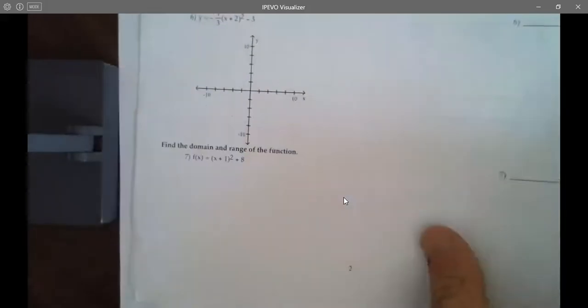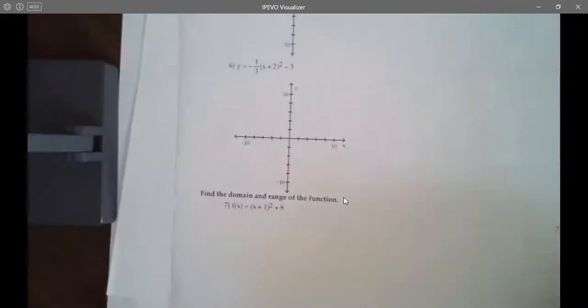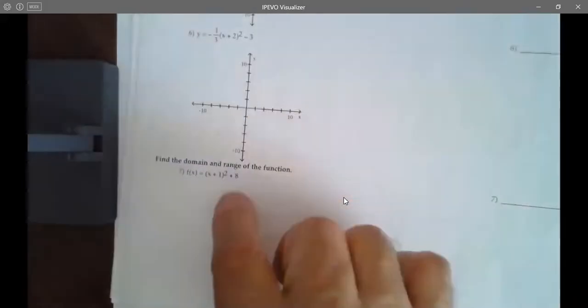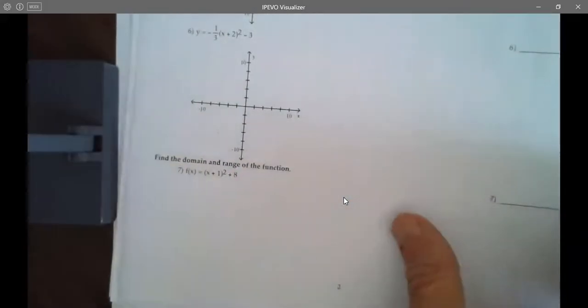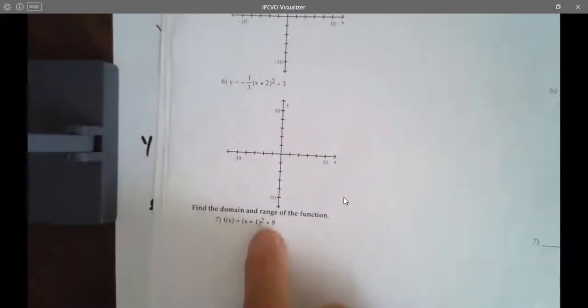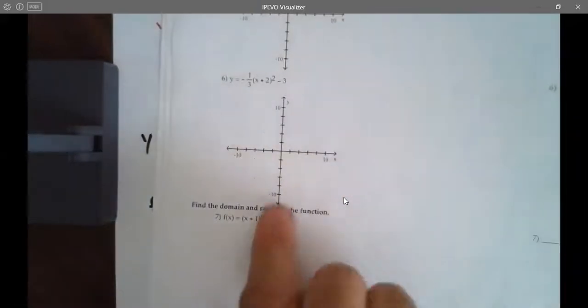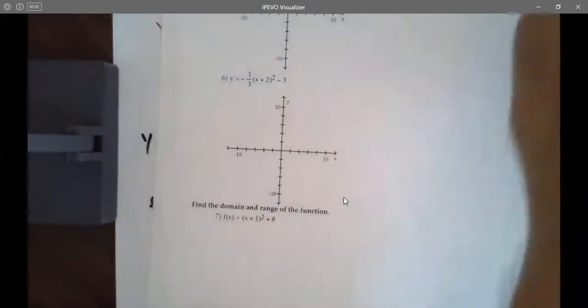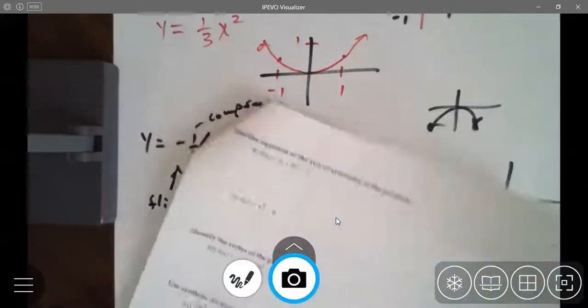So domain is going to be negative infinity to infinity, and range is going to be 8 to infinity. So you just look at that outside number. If there's no number there, then it's at 0. You would put like plus 0 there. Okay.